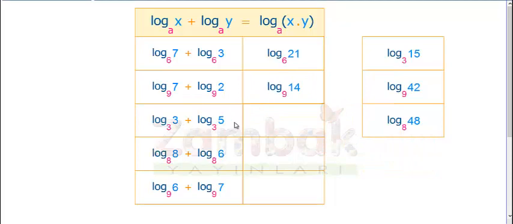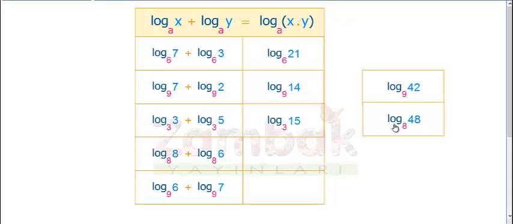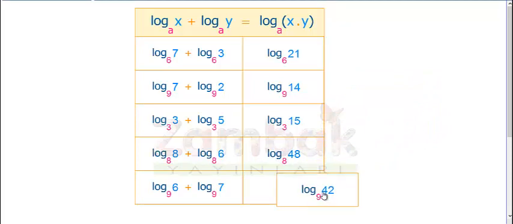Here 3 times 5, the base is 3. 3 times 5 is 15, so logarithm base 3 of 15. Here 8 and 8, the bases are the same. 8 times 6 is 48, so logarithm base 8 of 48, and the last one is going to be logarithm base 9 of 42.